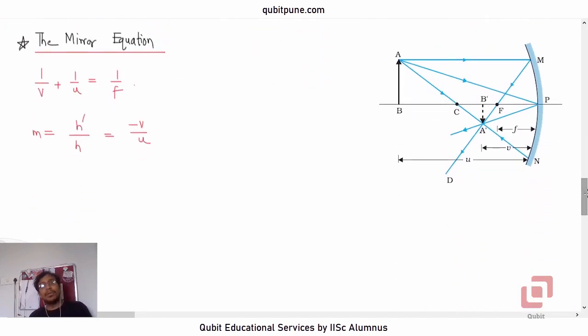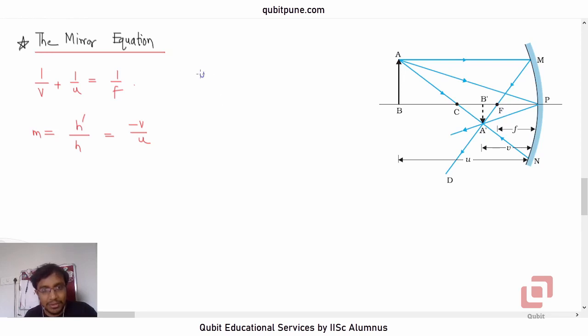We next go to the mirror equation. The purpose of the mirror equation is to locate the image and also to obtain the magnification if we know its focal length and if we know where you have placed the object. So let me write down the usual notation here.